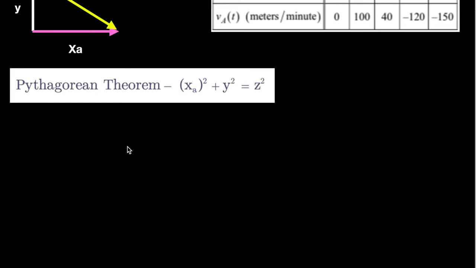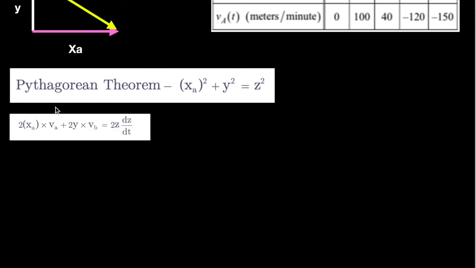And since the Pythagorean theorem is going to tell us position and not velocity or rate, which is what we're trying to solve, we're going to find the derivative of that, because the derivative of position is velocity. So here is the derivative of the Pythagorean theorem, which is 2x sub a times v sub a, because the derivative of x sub a is going to be v sub a, which is velocity, because x is the position, but now we're trying to find velocity, plus 2y times v sub b, which is the same principle that we used for x sub a.